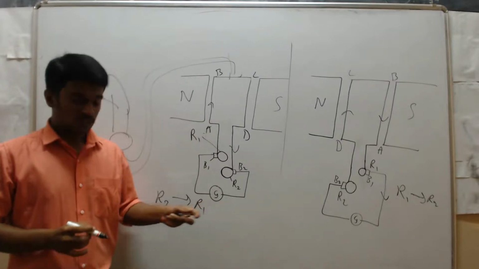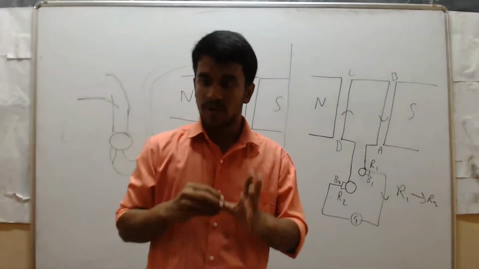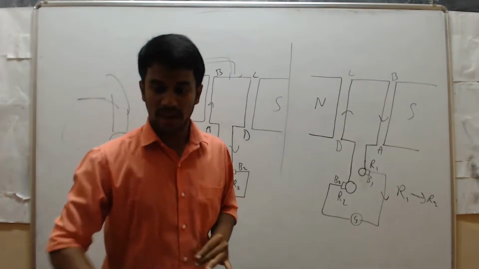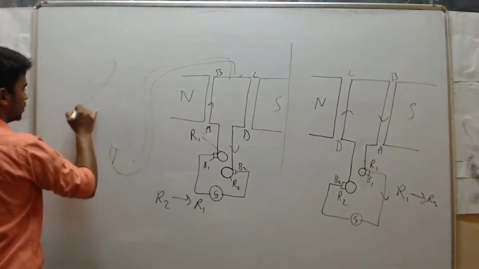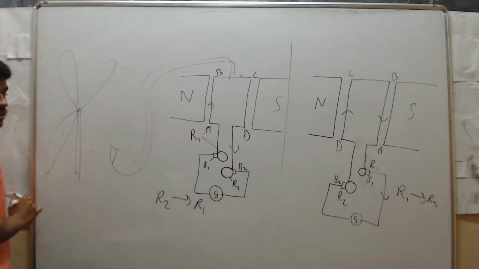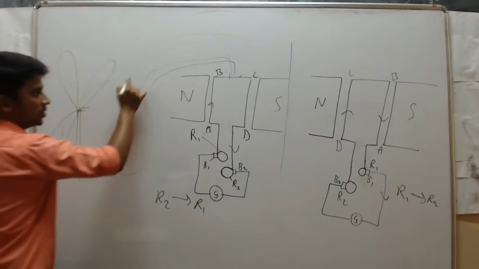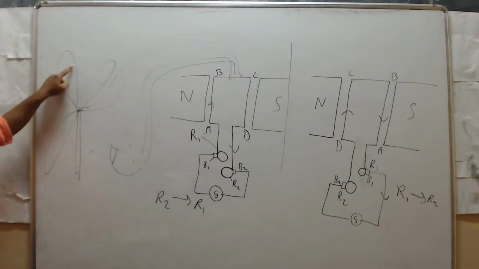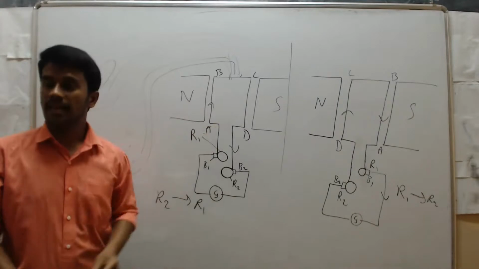We have studied so many energy sources: thermal power plant, hydropower plant, then wind energy, those fans. If these fans rotate, the fan is connected to this coil, so this coil also rotates and we can generate electricity.